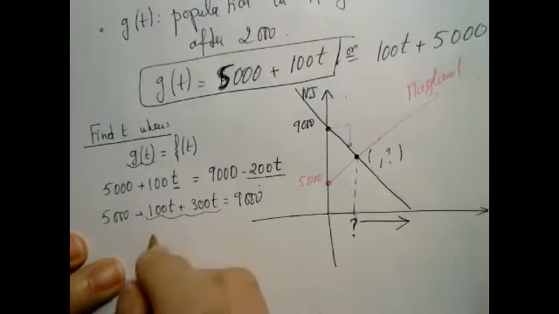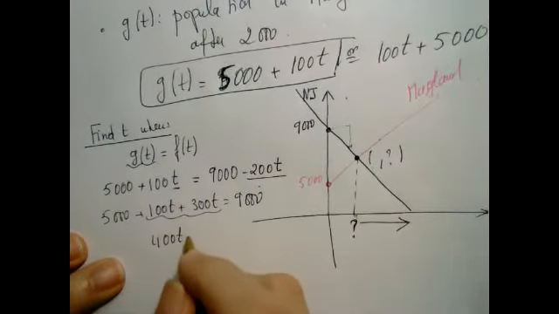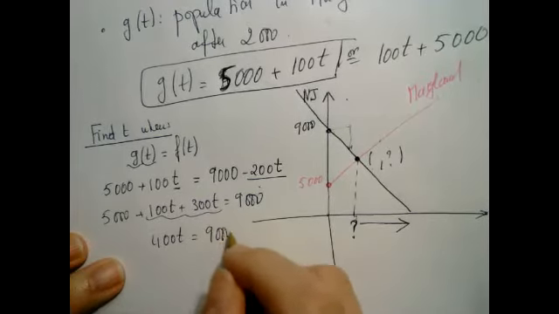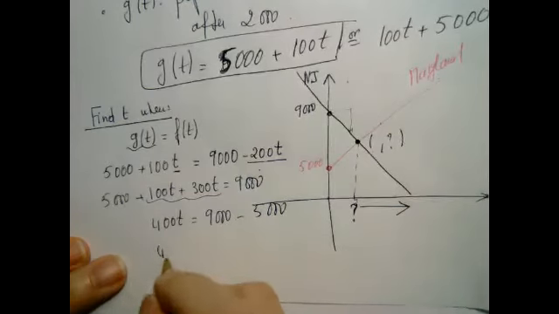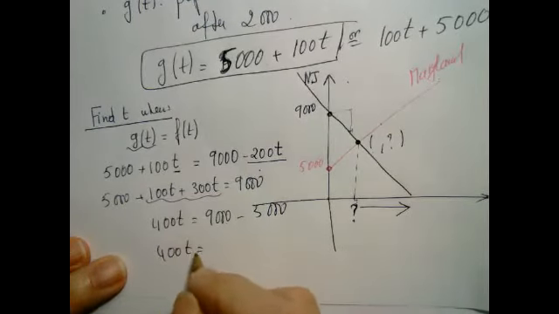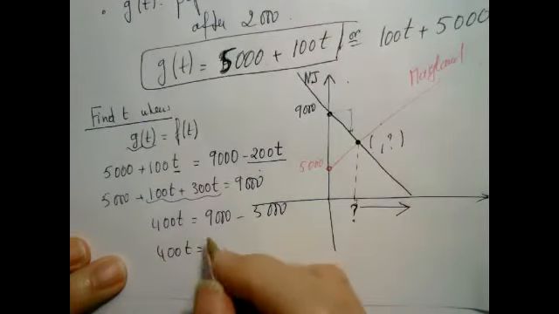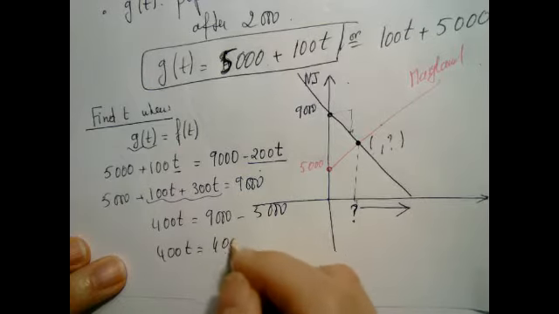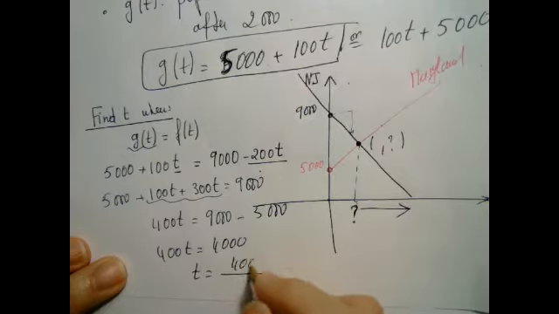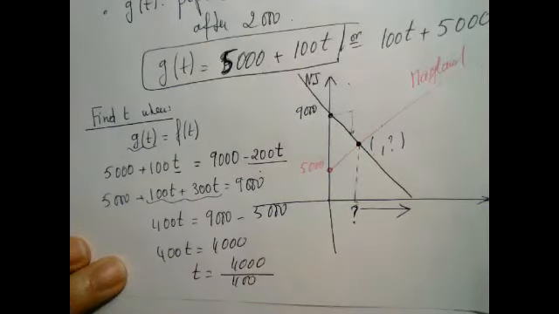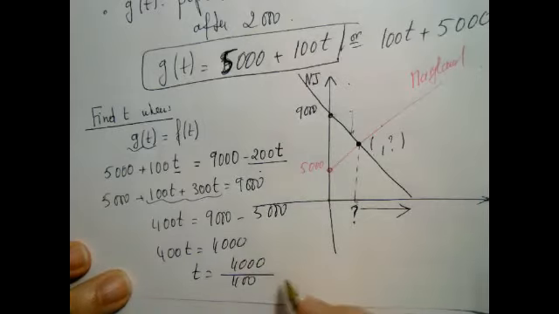So 400t equals 4,000. Now I solve for t, which is 4,000 divided by 400. You can pick up your calculator or do it by hand, which is equal to 10 years.